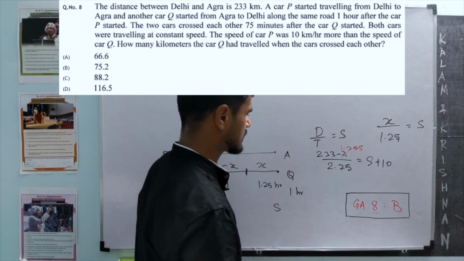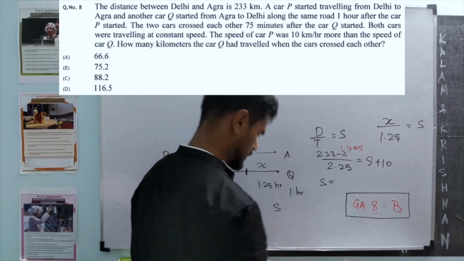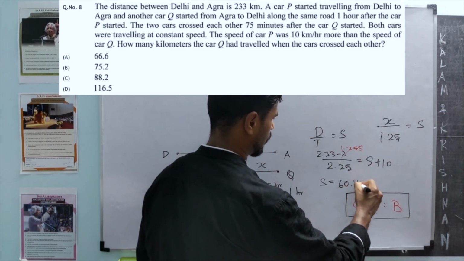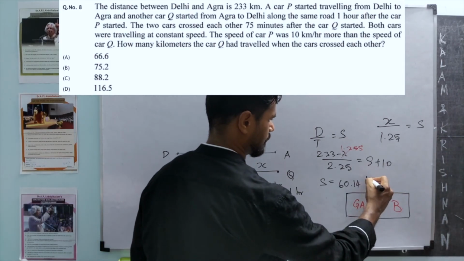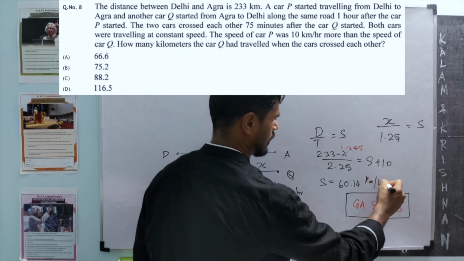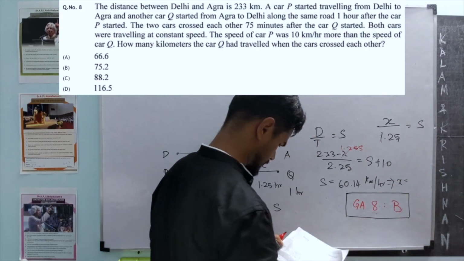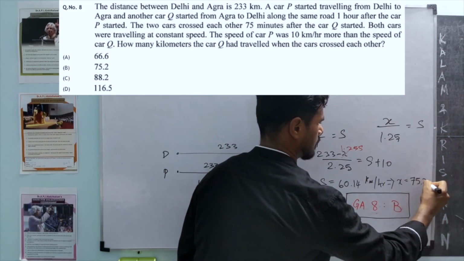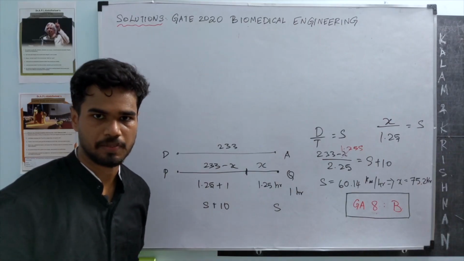Now using this we can solve for S. I think that turns out to be 60.14 kilometers per hour, and this implies x is 75.2 kilometers. So the option is B, that's the correct answer.